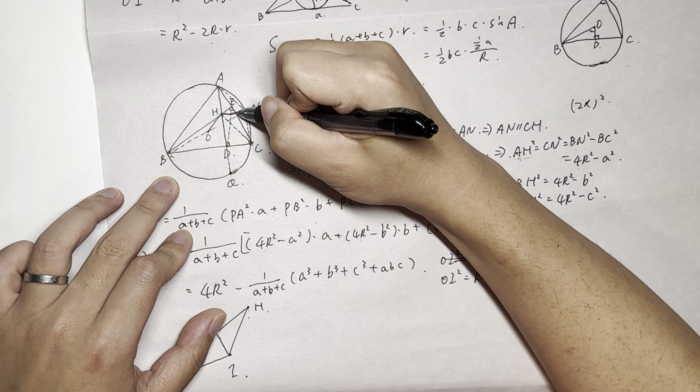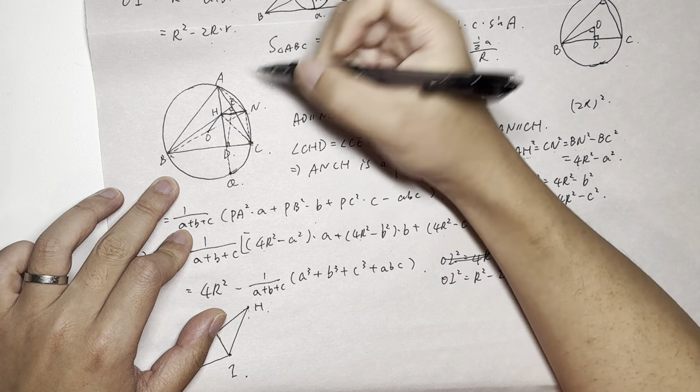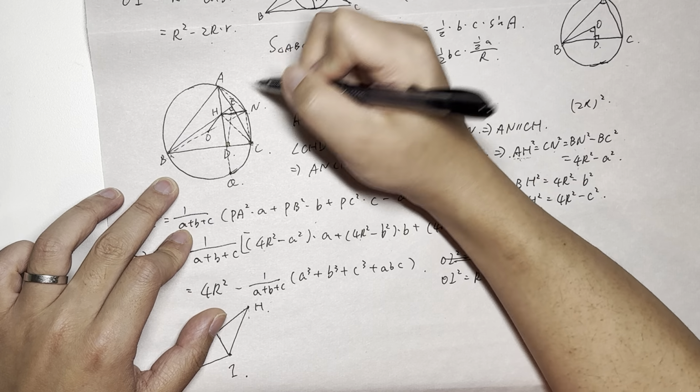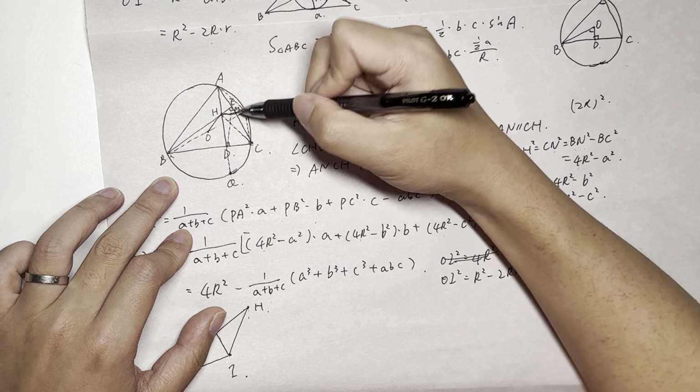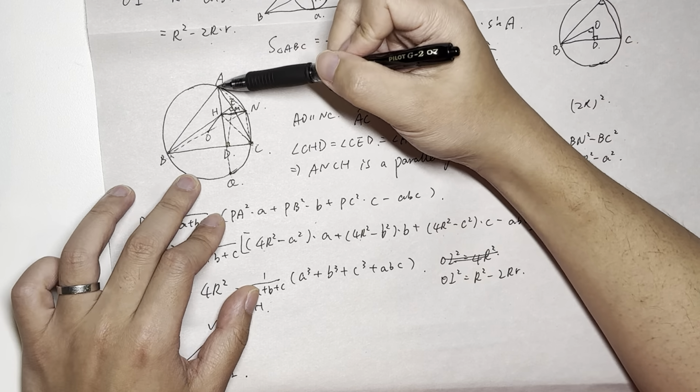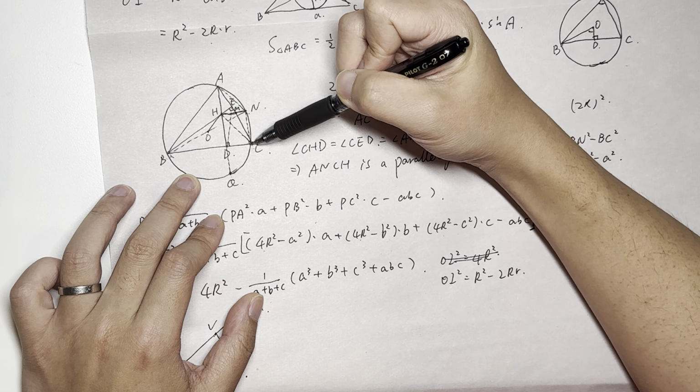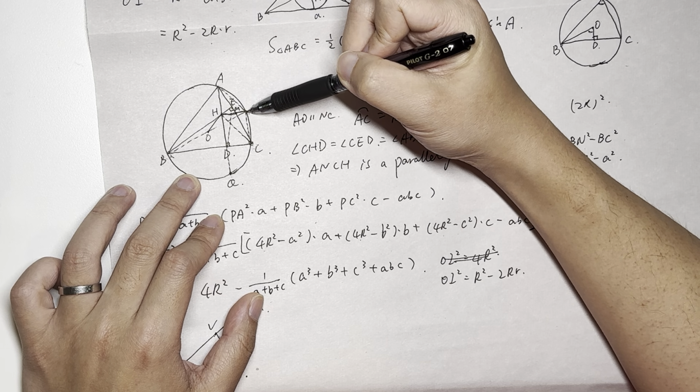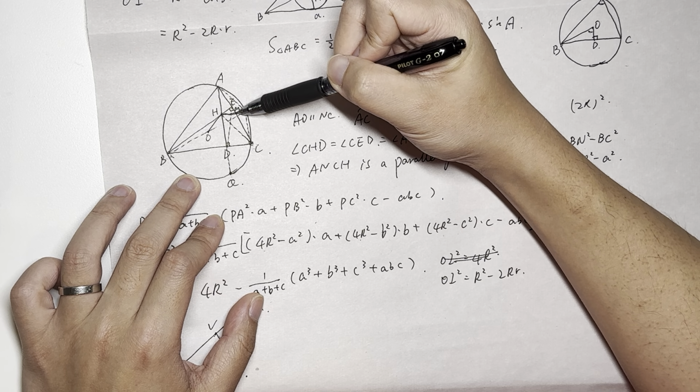the point where AC intersects HN, let's call it point M, right? Because AHCN is a parallelogram, the diagonal AC and diagonal HN intersect at point M, and M is the midpoint of HN, right? So we already know AH, we already know HC, and we know M is a midpoint, we know AC, so we can calculate HM square.